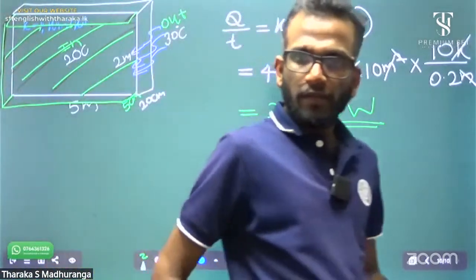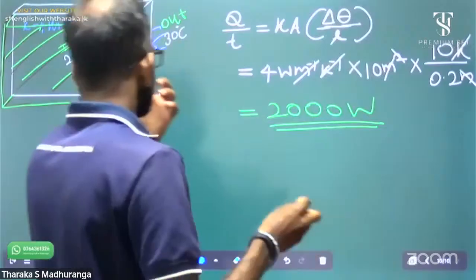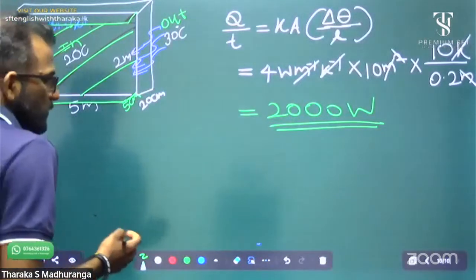Continuous means the amount of heat entering equals the amount leaving.